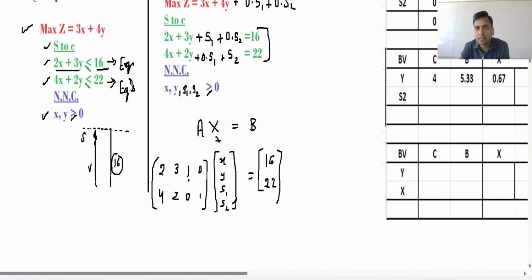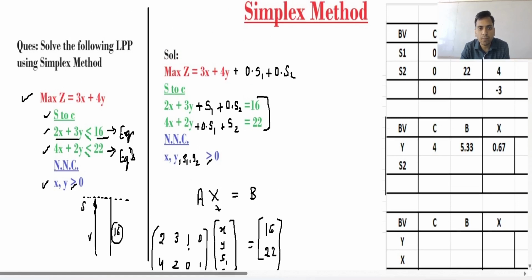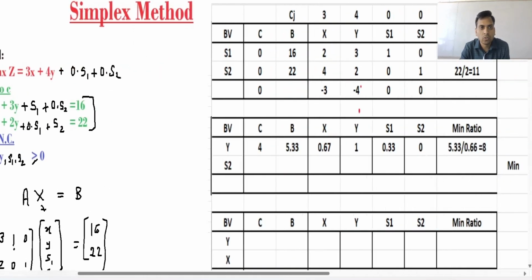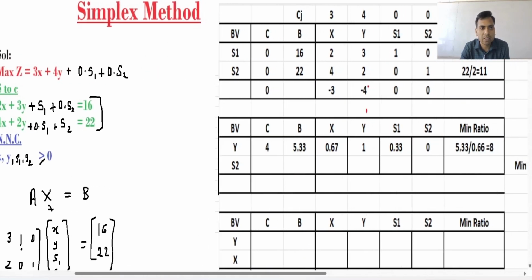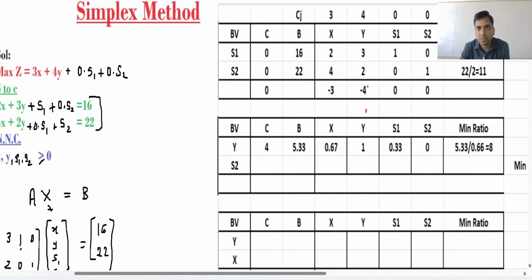Now we will prepare the simplex table. In this simplex table, we have different things. So first thing, basic variable. This B is considered as basic variable.